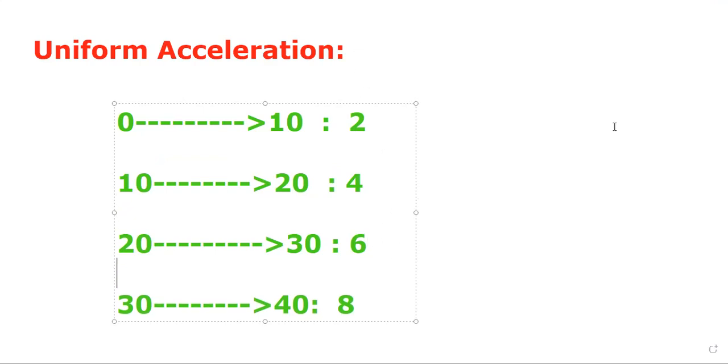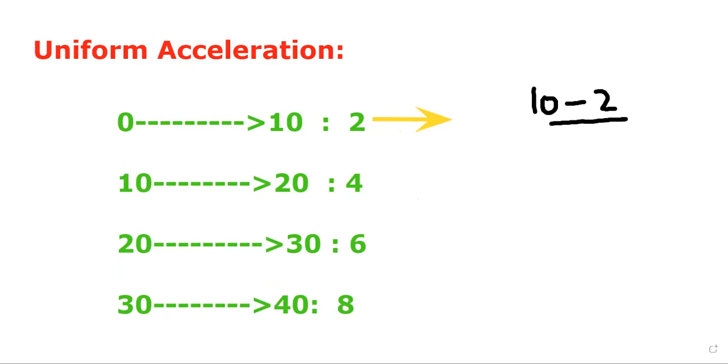So for our first interval, the change in velocity is 10 minus 0 and the time is 2 minus 0, so it is 10 over 2, and it would be 5.